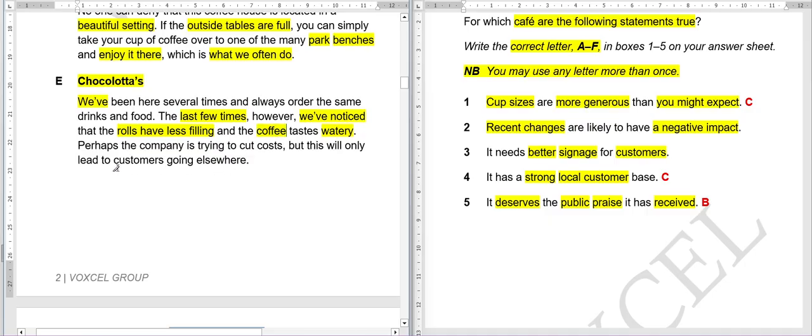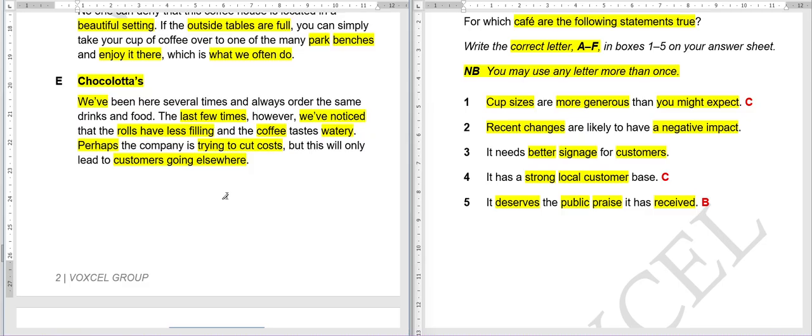Perhaps the company is trying to cut costs, but this will only lead to customers going elsewhere. So they are trying to save some money, but obviously this will make customers seek somewhere else, because who likes watery coffee? If your burritos do not have enough filling, you are just eating bread mostly.